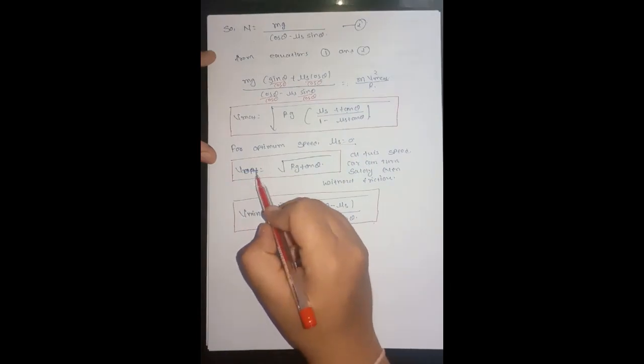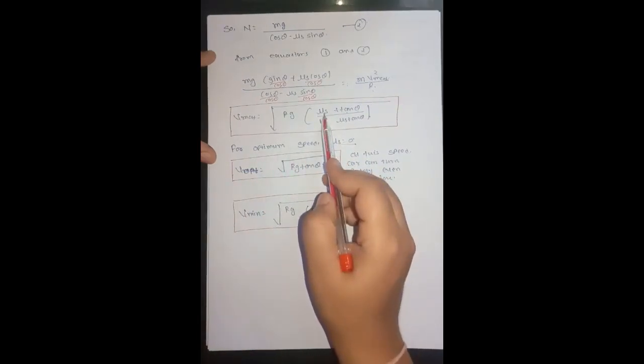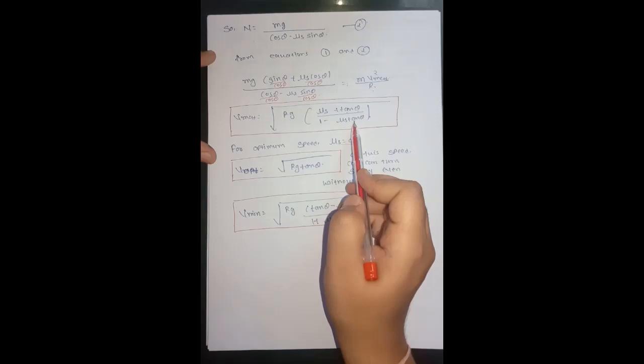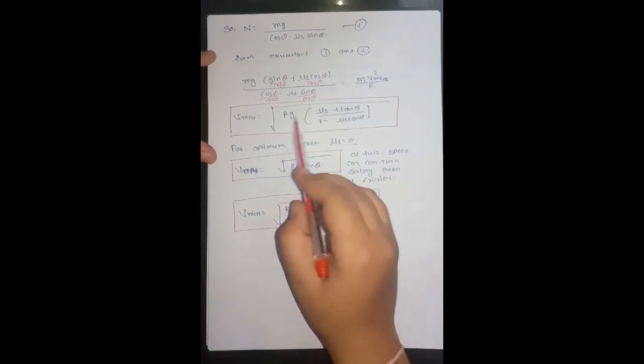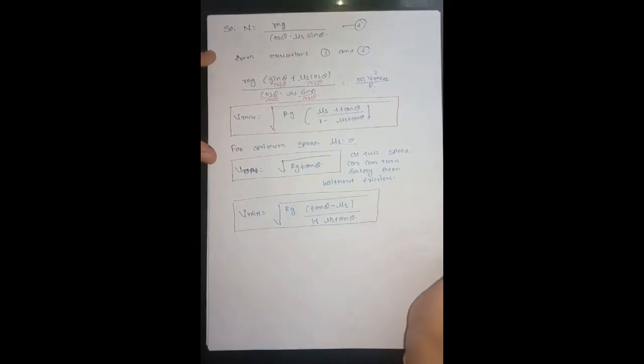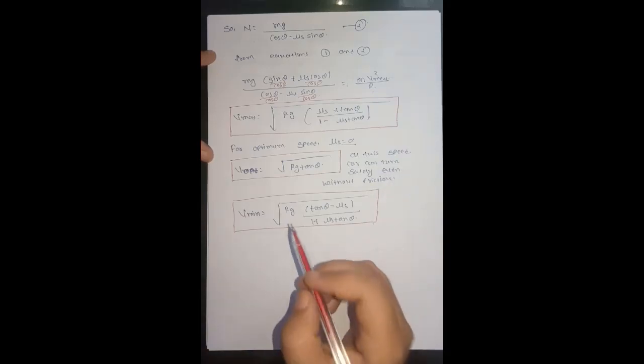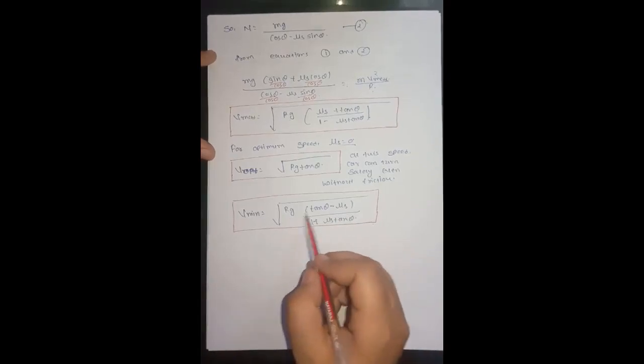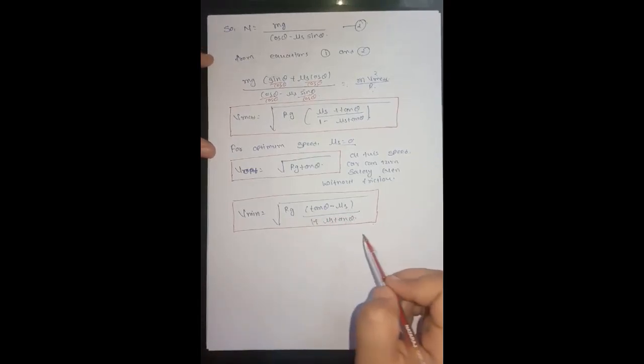So v optimum will be under root Rg tan theta. Now the minimum velocity will be under root Rg into (tan theta minus mu s) divided by (1 plus mu s tan theta).